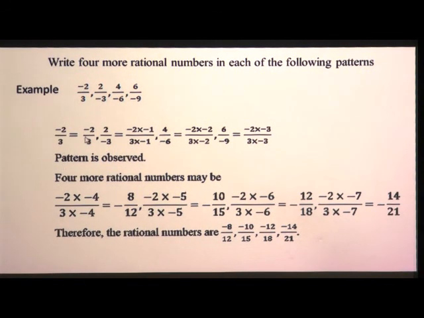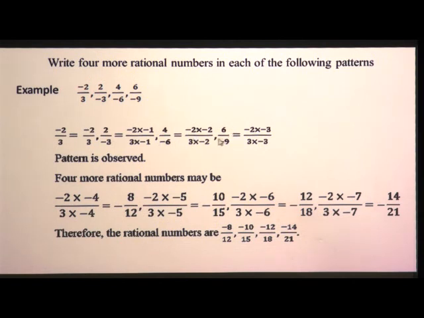Here minus 2 upon 3, 2 upon minus 3, we can say it is minus 2 multiplied by minus 1, 3 multiplied by minus 1. Here 4 upon minus 6 is equal to minus 2 multiplied by minus 2, 3 multiplied by minus 2. Yes, you are getting a fraction, that is nothing but a rational number, just done in multiplication form.